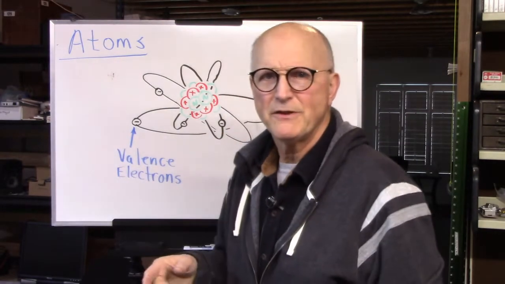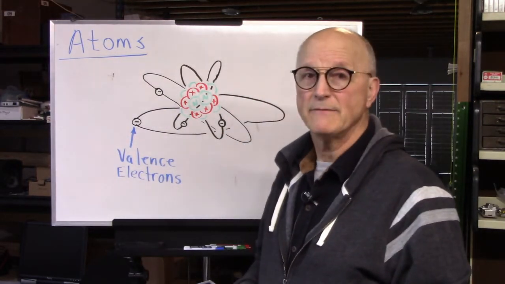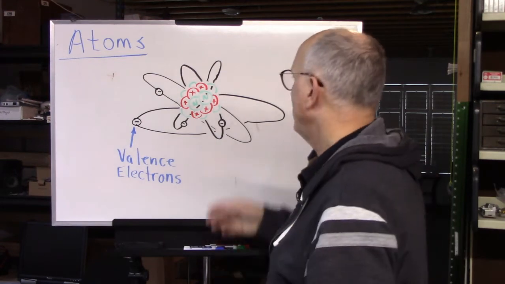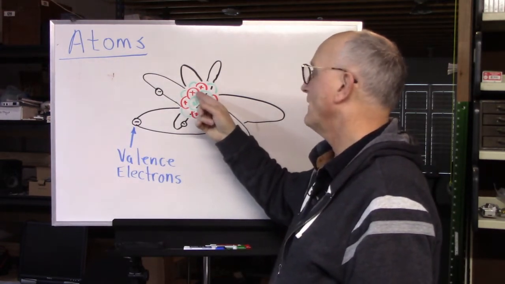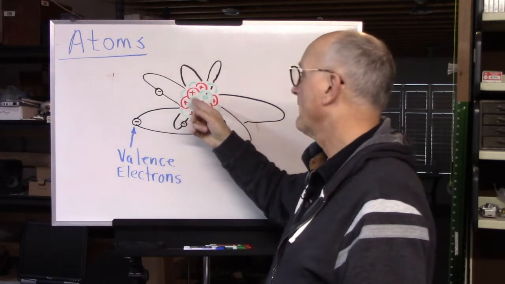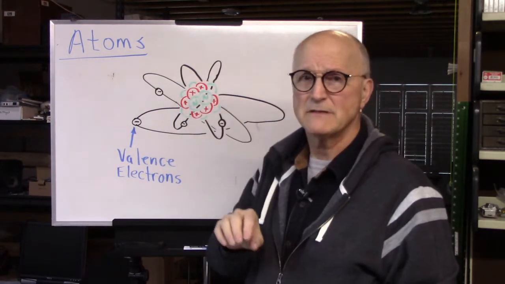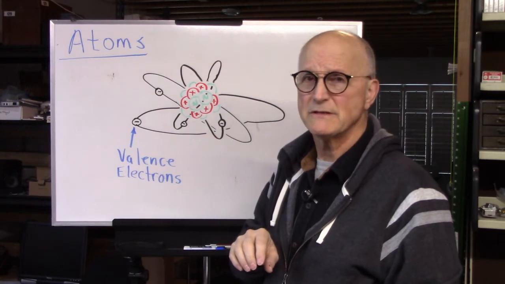Okay, let's start with the structure of the atom. Well, the atom is made up of a nucleus which has neutrons and protons, and this is a lot like the sun in our solar system.